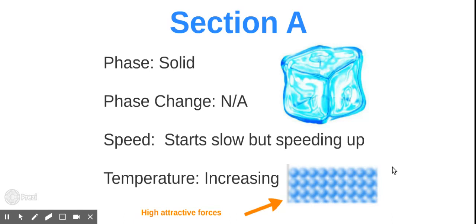So solids, just like you would be on a cold day, like if we had a fire drill, you and your friends had no coats, you guys would go outside and you would clump together, right? That's what solids do. They clump together and they actually kind of hold hands. They have this physical attraction between them. We call that attractive force. And they have high attractive forces, which keeps their shape. Okay, and we're going to see what happens to that attractive force as we go through.